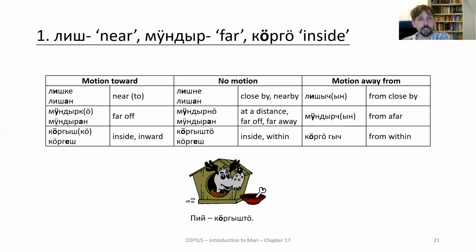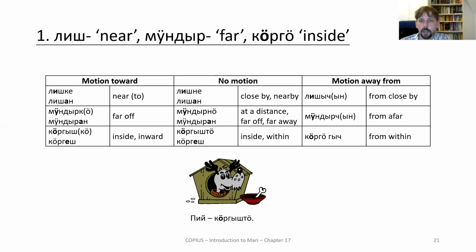With the stem lish, near, münder, far, and the noun körger, the inside. Yeah, with the first two, we have two stems where the forms created on their basis use the unproductive suffixes that we have looked at in the past. With körger, we use the productive suffixes.